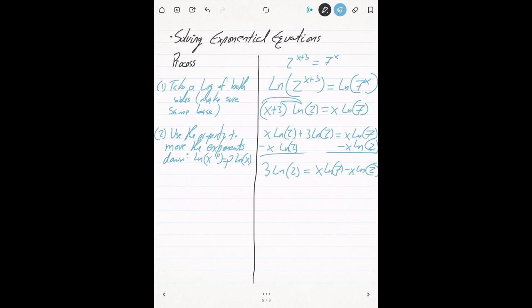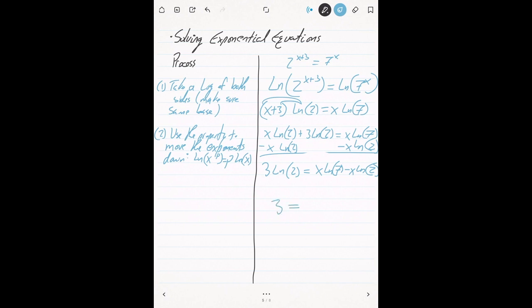But here's the trouble. How do I combine these like terms, right? Because these numbers aren't nice whole numbers or even fractions or anything I can add together. They're irrational almost, like they go on forever and ever. Well, keep in mind, what did we do when we had stuff like radicals?